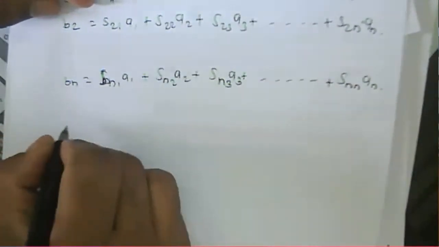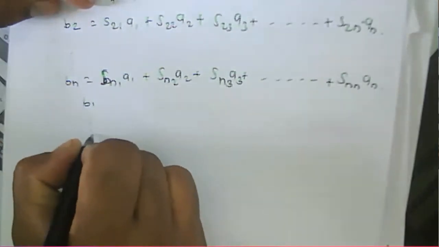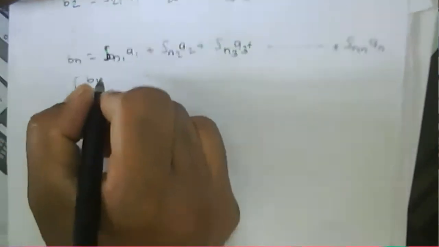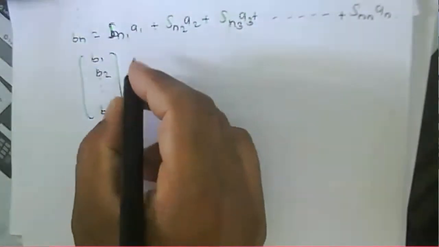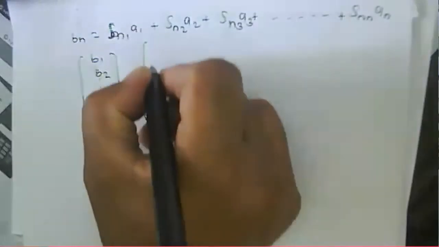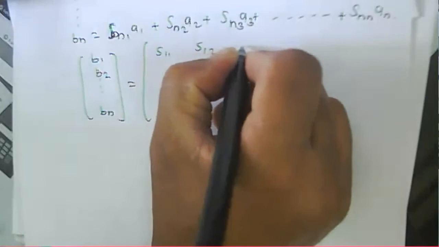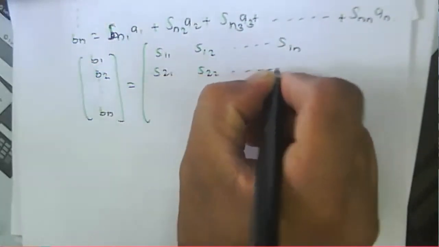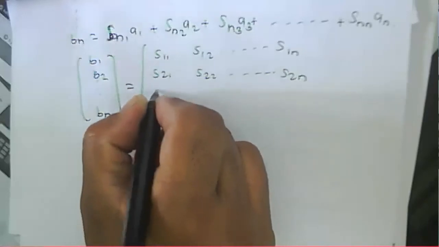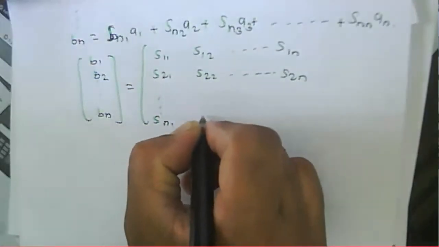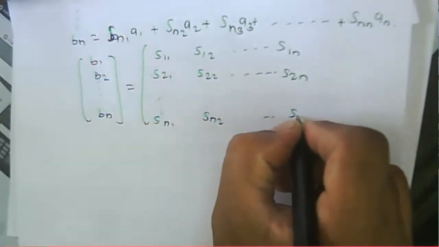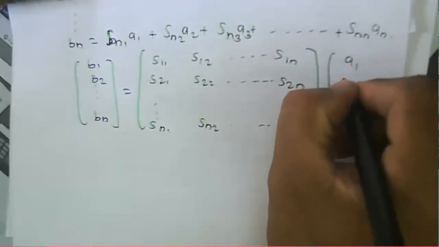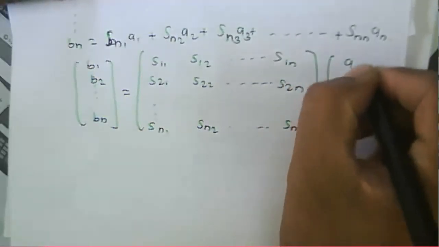So we can simply write it in matrix form: B1, B2, up to Bn is equal to the matrix S11, S12, S1n, S21, S22, S2n, and so on down to Sn1, Sn2, Sn3, multiplied by A1, A2, and A3.